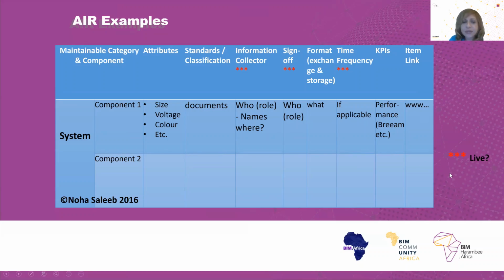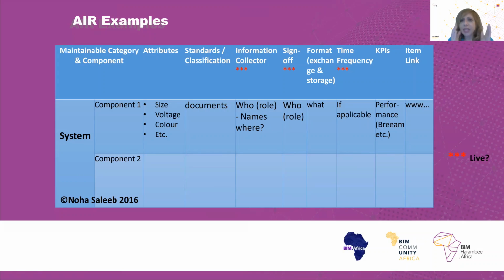Now, just one point here I wanted to mention, that this could actually be a live document per se, especially if at the beginning of the project, we're not absolutely sure who are the subcontractors who are going to come in place to help us fill out this document. The reason I am mentioning this is because if the AIR is going to be part of a contractual document, it cannot be live if it's part of a contractual document.